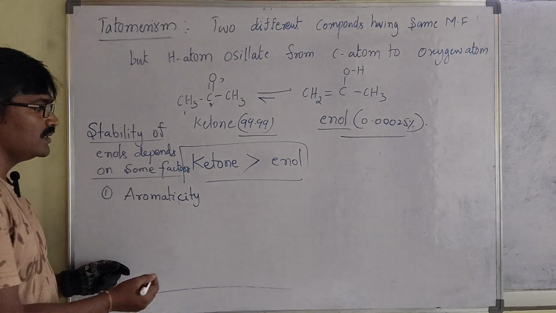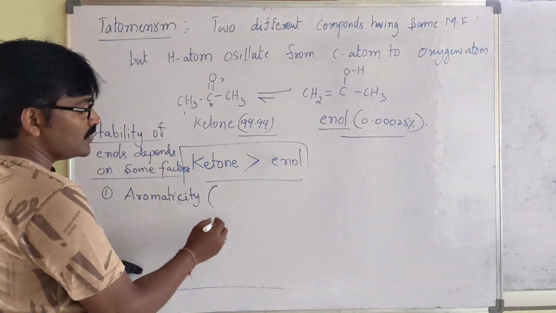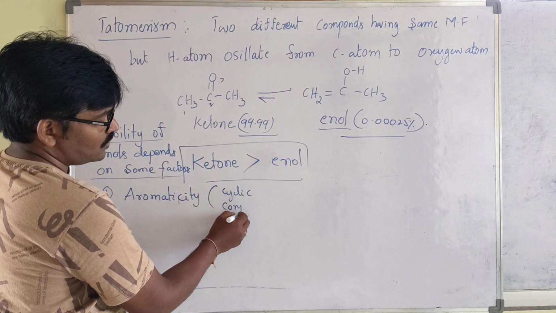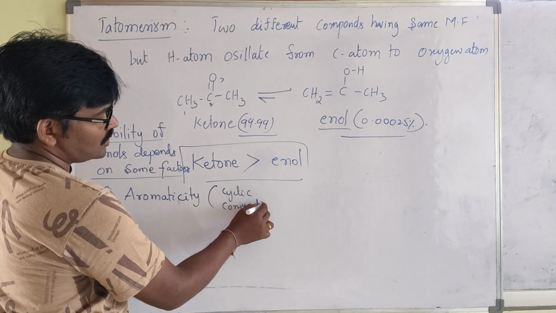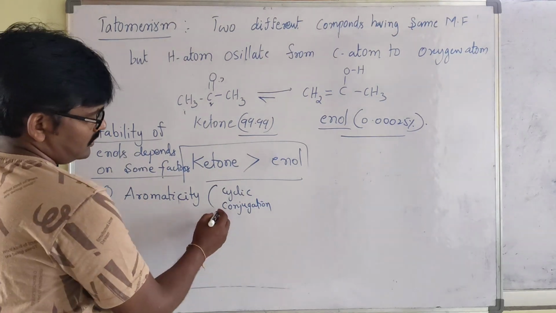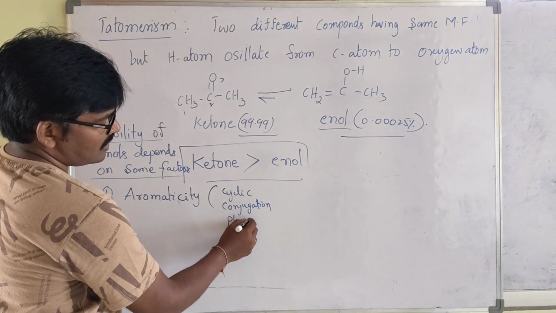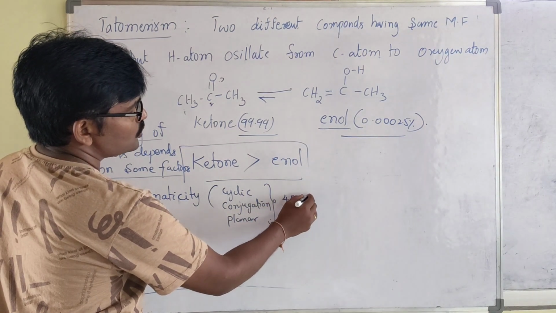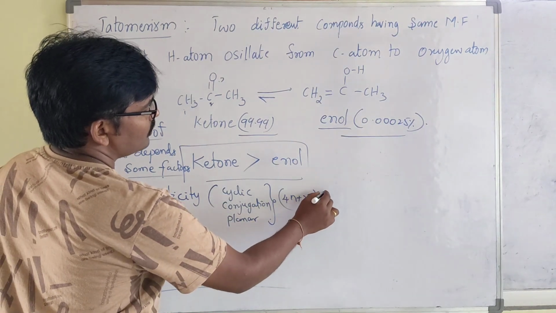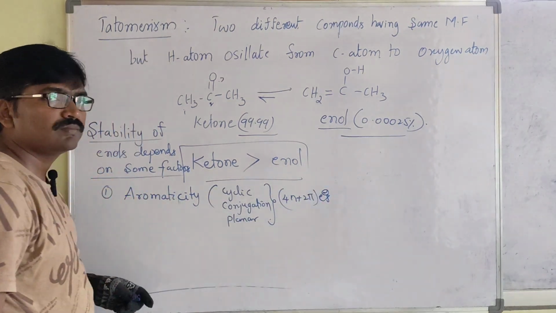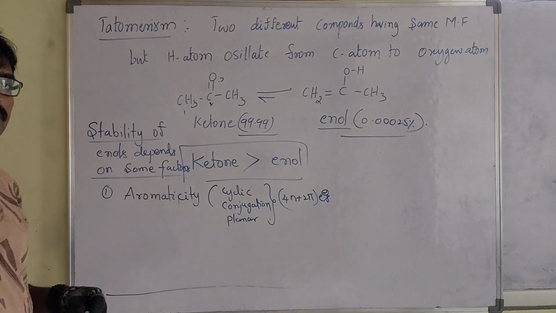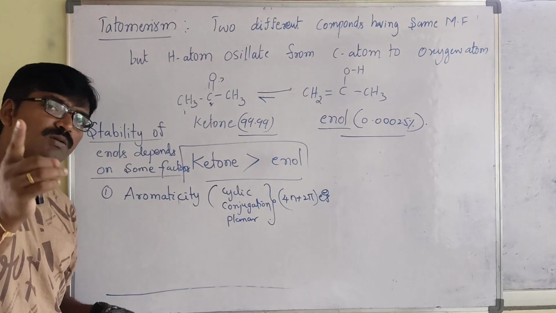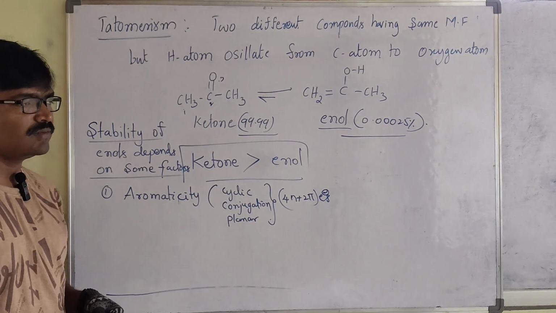What is aromaticity? The compound must be cyclic, in conjugation, and a planar compound, following 4n + 2 π electrons. Then we call it aromaticity. So if there is a chance of aromaticity being possible, then the enol content is more stable than the ketonic formation.